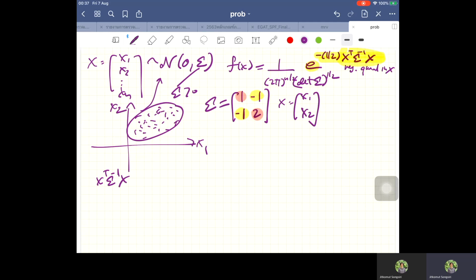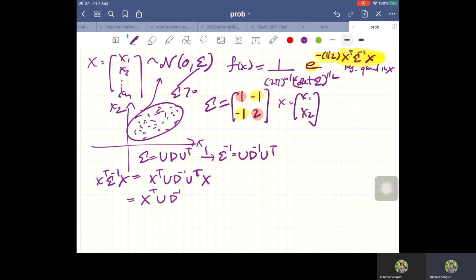This is just like an ellipsoid. Now I'm going to do the same thing. I'm going to perform eigenvalue decomposition on sigma, so it's going to be U D U transpose. And of course, sigma inverse is U D inverse U transpose. So we go the same way. We just derive everything the same way as before.